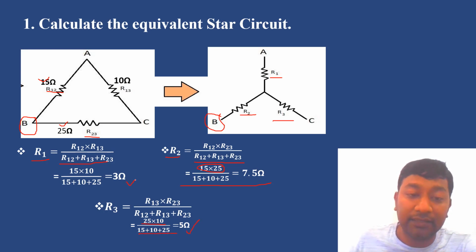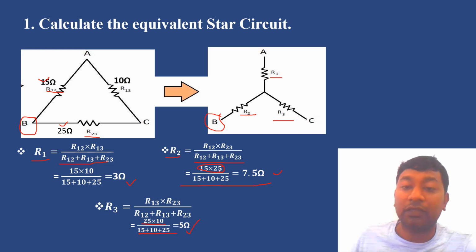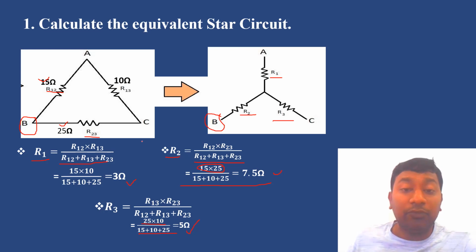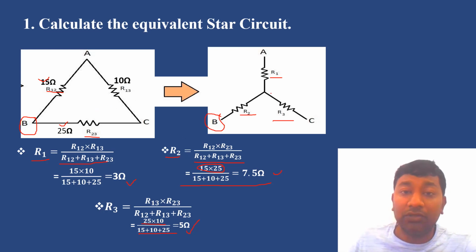So we are getting the answers 3 ohm, 7.5 ohm and 5 ohm. That is the easy way to calculate the equivalent star circuit from delta.